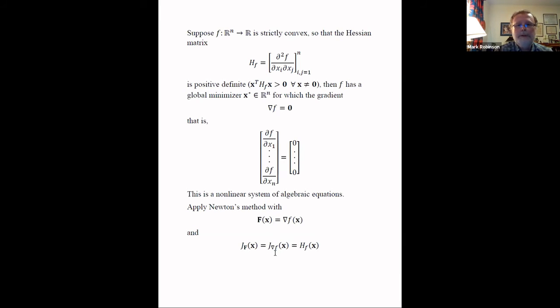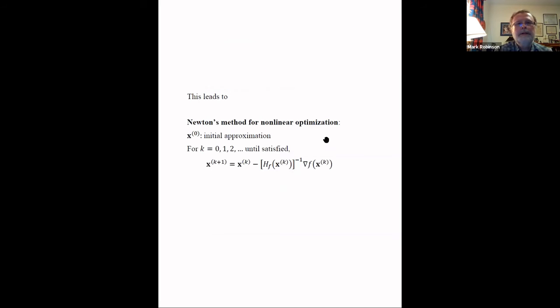What is the Jacobian of the gradient? It turns out it's the Hessian of the function little f. So then what you'll see next is I'm just going to reproduce Newton's method, and there it is for nonlinear optimization in a circumstance like this, and we've made all the appropriate substitutions.